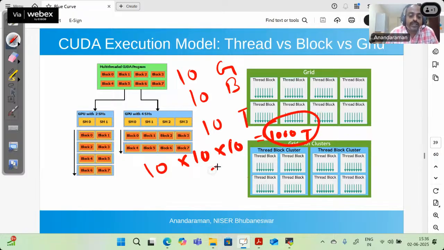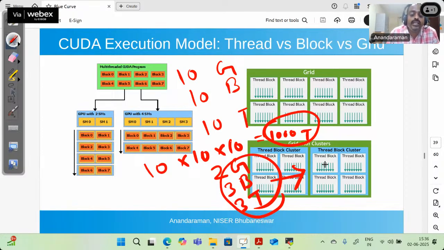For the second grid, third block, third thread, some naming convention should be there to point to that thread. Then only that thread will do the operation. Similarly, with this thread id number, you can assign the task to each thread. So there are some formulas for thread id, block id, grid id calculation.